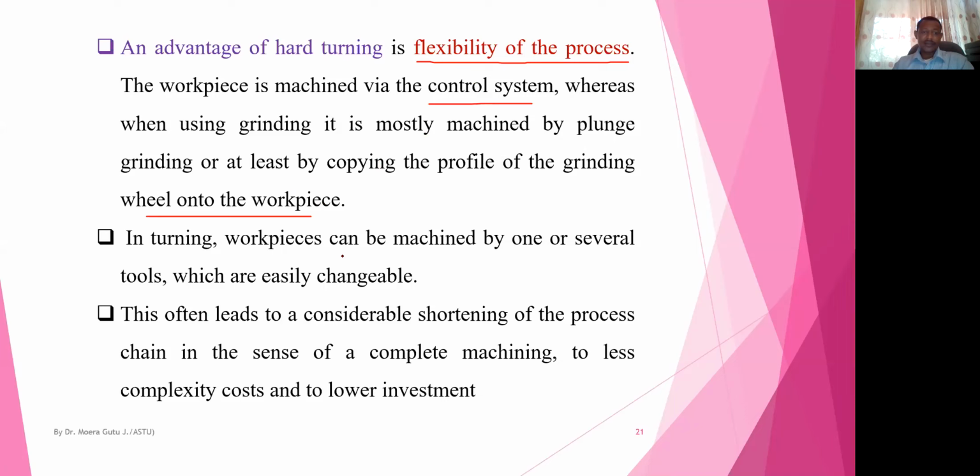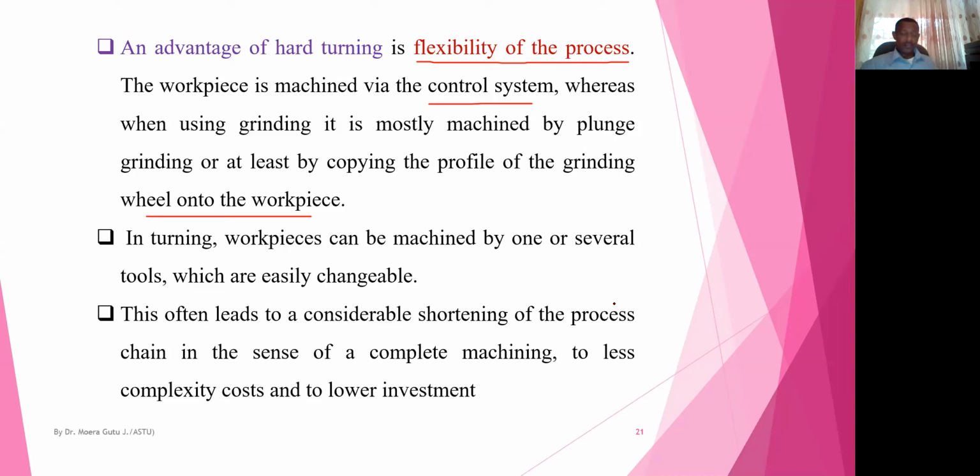In turning, the workpiece can be machined by one or several tools which are easily changeable. See? The cutting tools can be easily changed. You can machine with a single cutting tool or several cutting tools by changing, or simultaneously also.